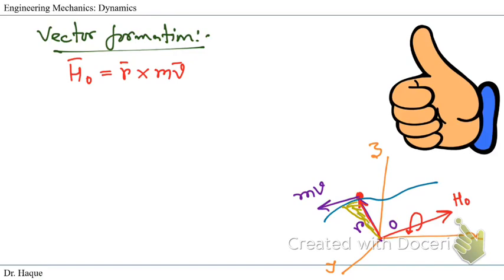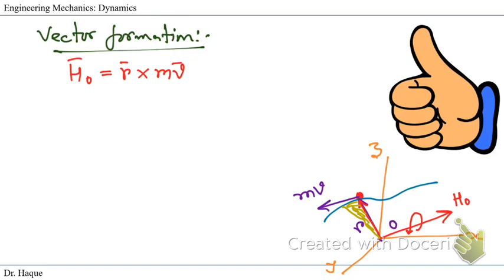So at this instant, the area is the position vector r, and then the small amount of the curved path, and your angular momentum will be perpendicular to that plane. If it moves a little bit, then you have a new plane, and it will always be perpendicular to the plane that is covered.